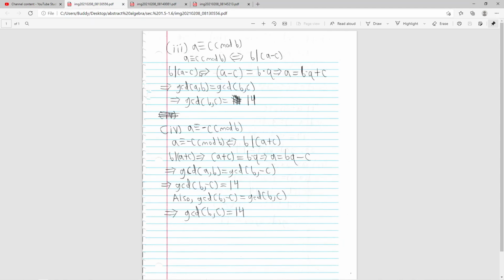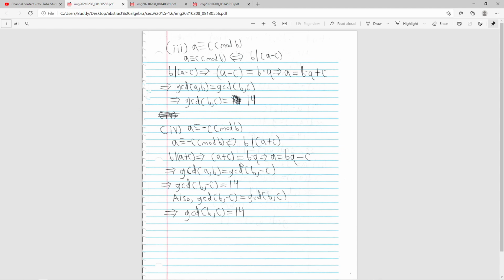Some implications. A congruent to C modulo B is equivalent to B divides A minus C, and that implies that A minus C equals B times Q, where Q is any number, and that implies that A equals BQ plus C. So GCD of A and B is still equal to 14, and it's equal to GCD of B and C. So GCD of B and C is equal to 14.